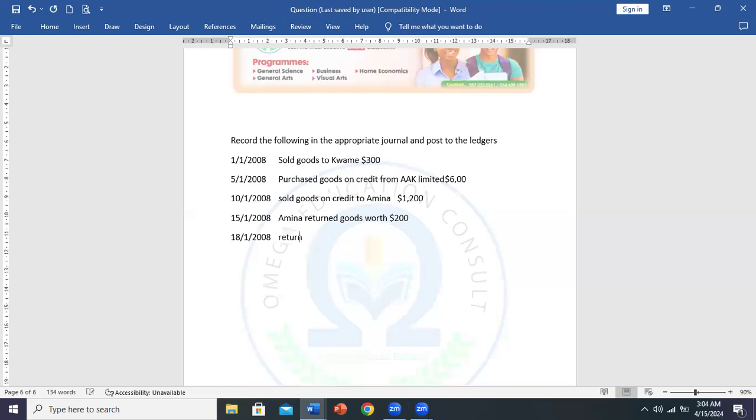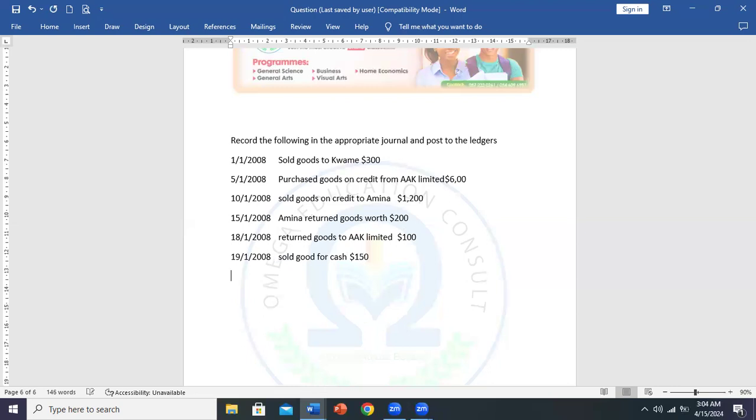Returned goods to AAK Limited, $100. 19th, sold goods for cash, $150.